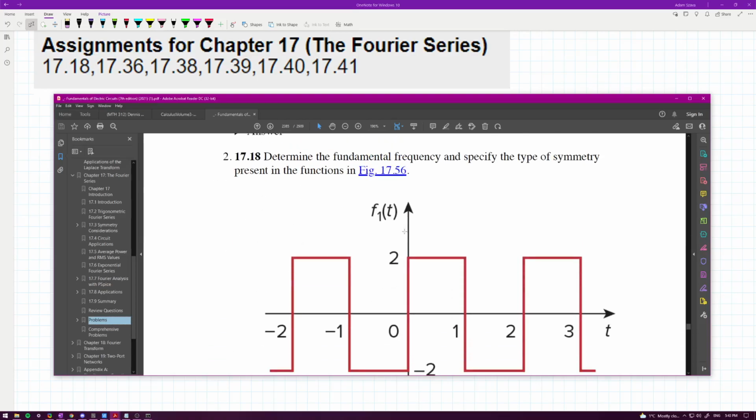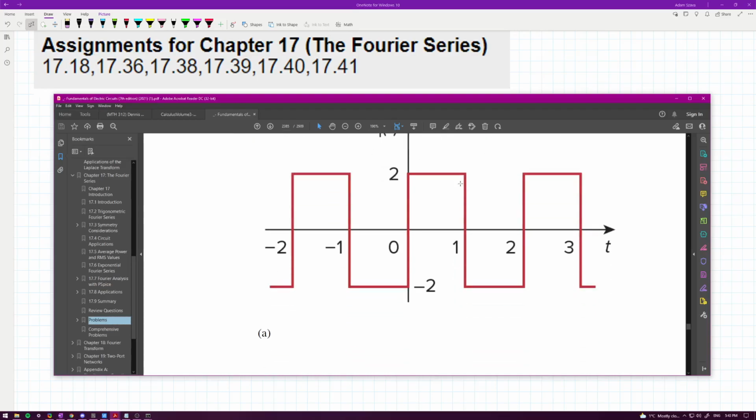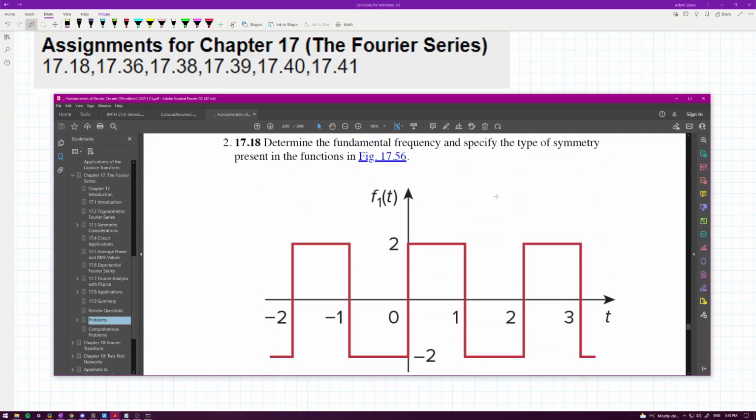So right away to symmetric considerations. Determine the fundamental frequency and specify the type of symmetry present in the following functions. Okay, so the fundamental frequency is just 2 pi over the period, which is 2 pi over 2. So pi. And so pi is the fundamental frequency.